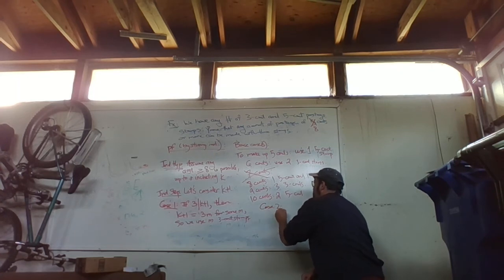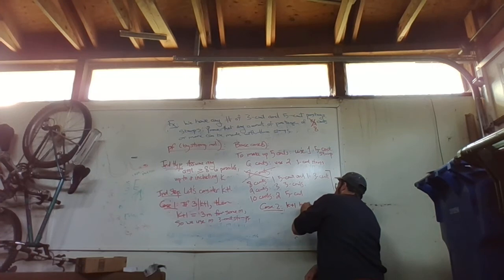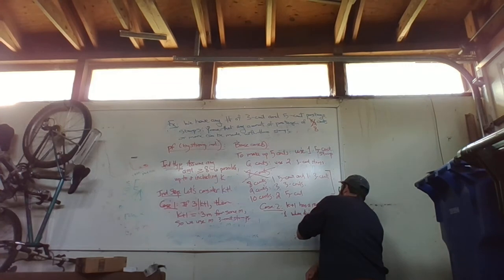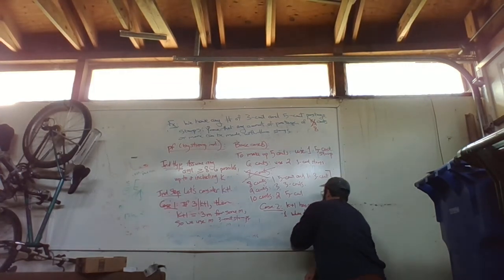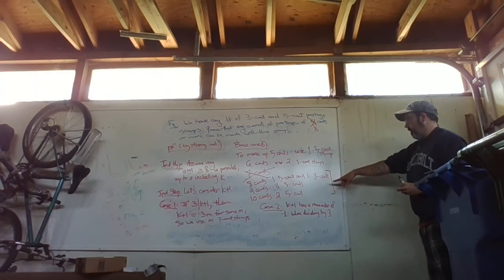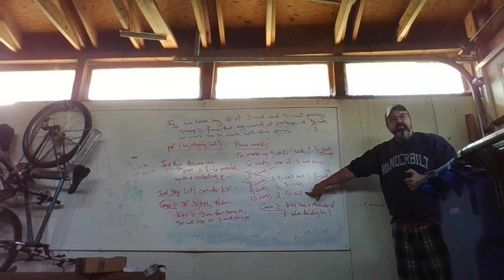For case 2, k plus 1 has a remainder of 1 when dividing by 3. And in this case, we are essentially in the case of 10, because 10 also has a remainder of 1 when divided by 3.